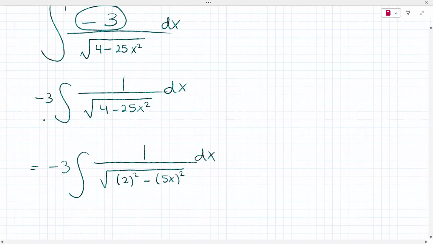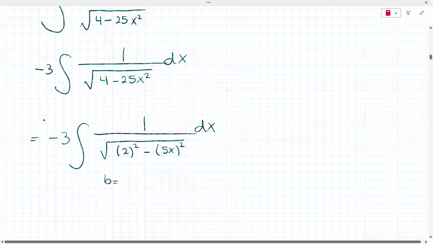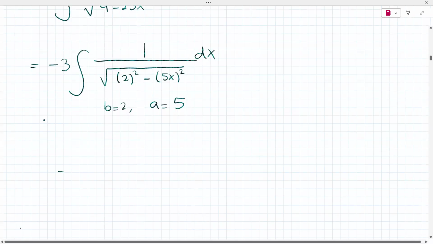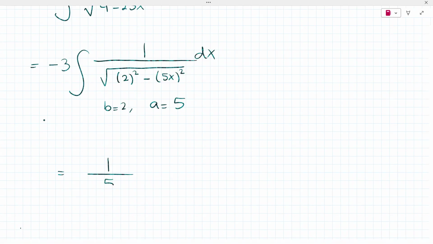Okay, so that means our b is 2 and my a is 5. So put it all together, you get 1 over a, which is 5, sin inverse.